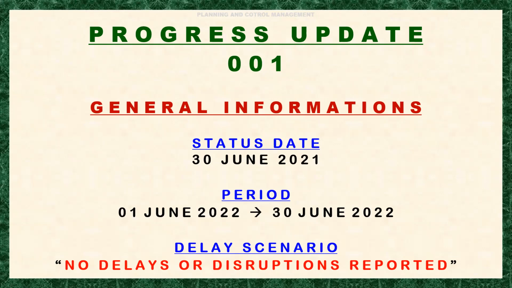Also take note, it is the duty of the planner or scheduler to validate the reports prior to updating the program to avoid wasting time due to erroneous reports. And the same, the program update must be distributed to project teams, especially to the project manager, for review and comments and to be addressed.